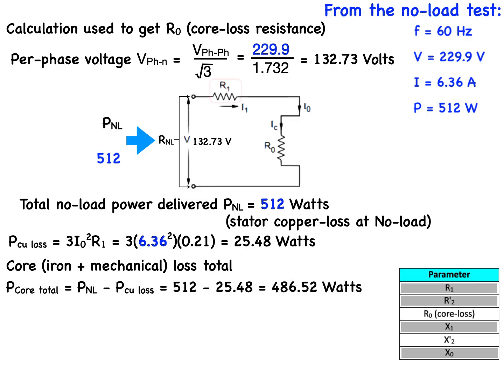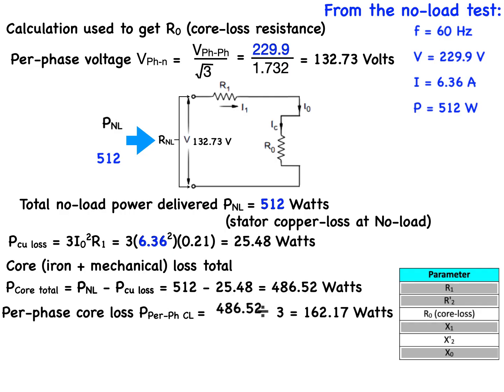The total core loss, iron plus mechanical, P core total, may be found by subtracting the P copper loss from the total no-load power supplied, which is 512 minus 25.48, which equals 486.52 watts. We now have to divide this total by 3 to give us the per-phase core loss of 162.17 watts.